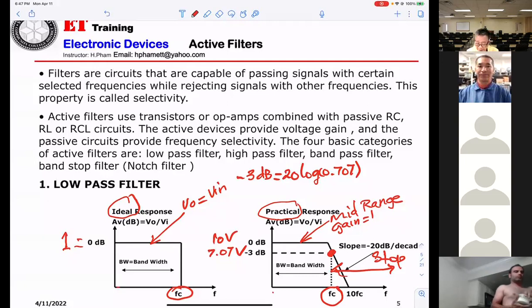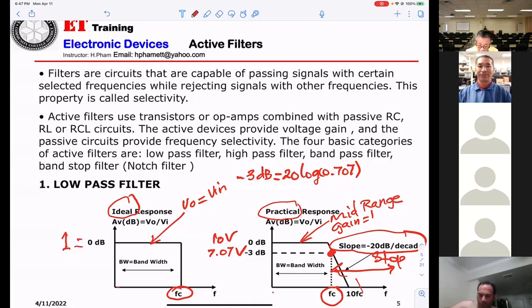However, in here they give you the slope. Try to understand what that means. Slope equals minus 20 dB per decade. That means it will be going down at a slope of 20 dB per decade. Decade means 10. Okay?